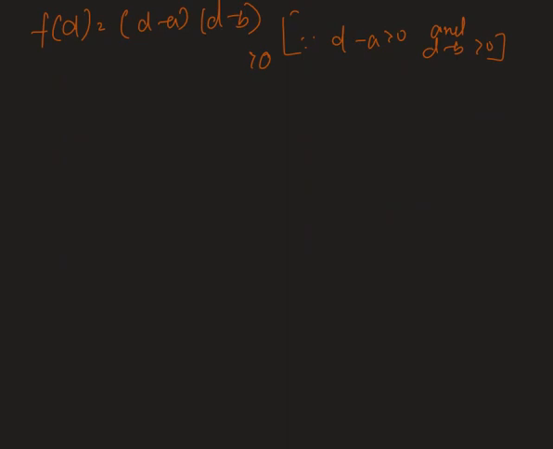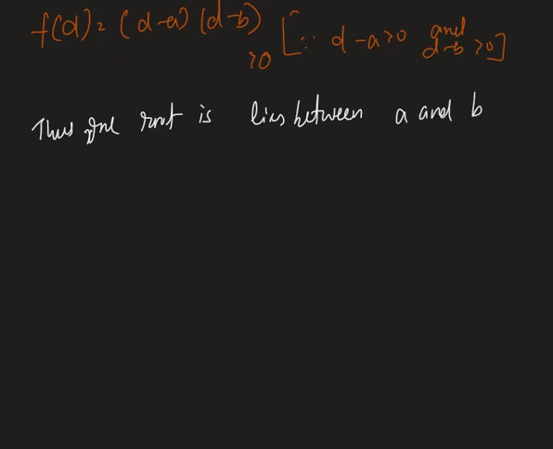So, carrying forward, one root of f(x) equals 0 lies between a and b, as f(a) multiplied by f(b) is less than 0.